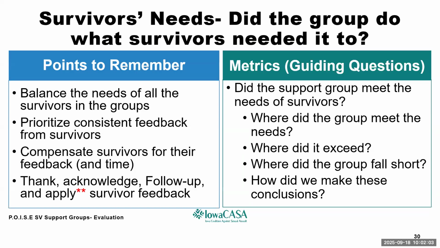It could just be like, do you all like the activities we did today? How is the timing of the group? Does this work for you? What do you wish were going a little bit better? Those things are all informal, but they serve as providing a consistent feedback loop for the support group and having survivors informing how the group operates and how it can be more relevant to their needs.